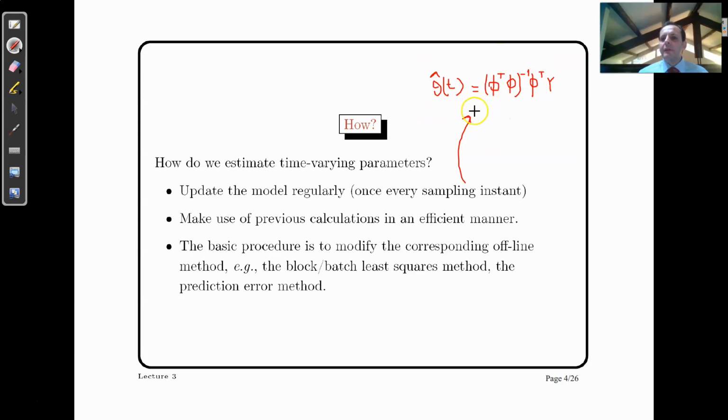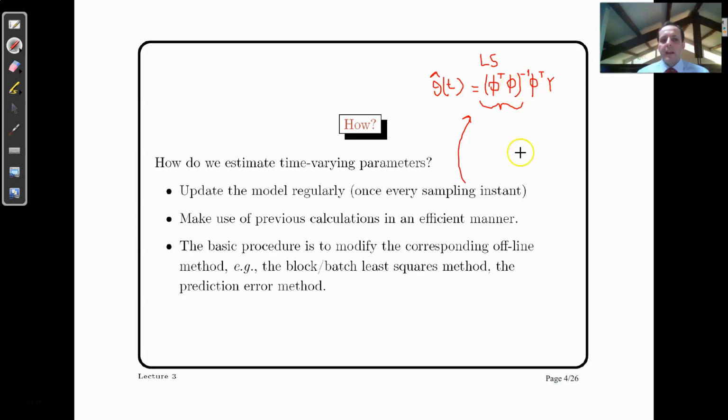So if you just use this solution, the classical least square, at each time instant you need to implement this equation with the new data. But you remember the most time-consuming part of this approach was the inversion. Of course, you can think of some alternative approaches for solving this inversion.